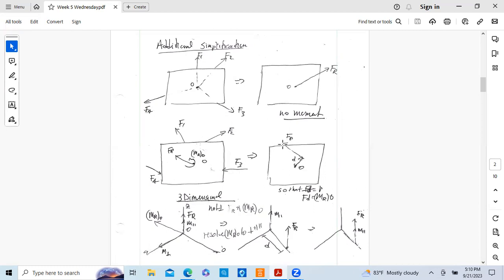And this would be the greatest simplification. I could show this resultant force at this point and show a moment around this point. But if I just put this single resultant force at some distance that would create that moment, this simplifies everything, and all we're showing is the resultant force at a distance.